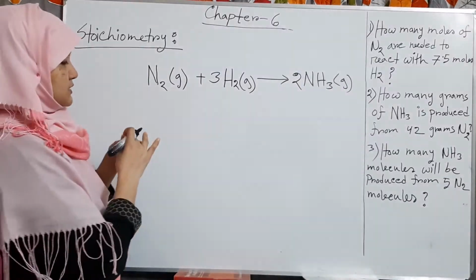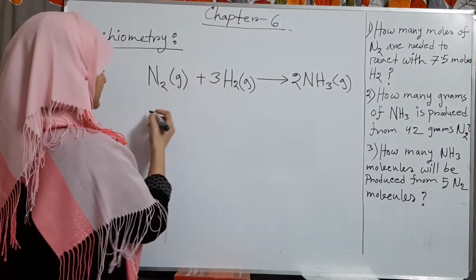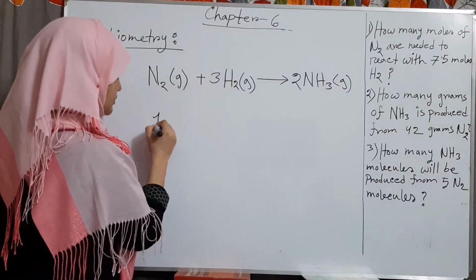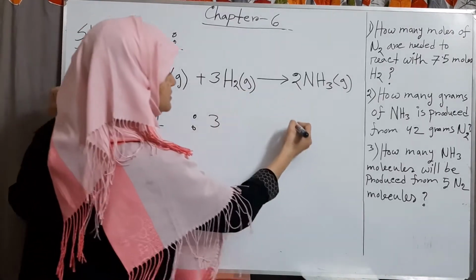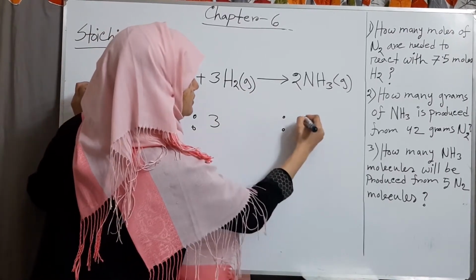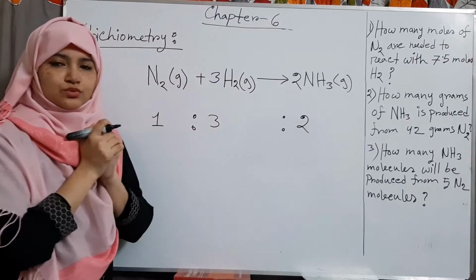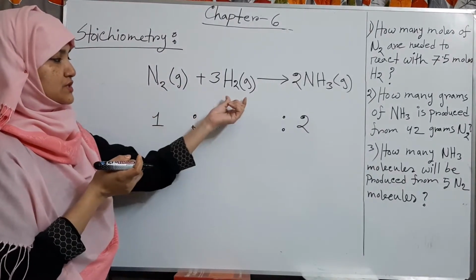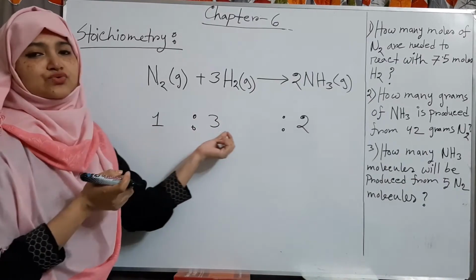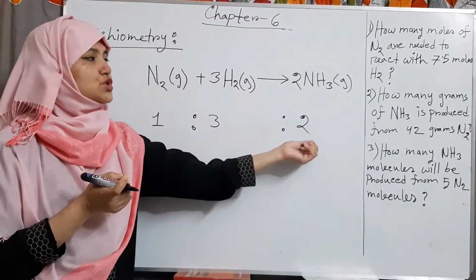We can measure the ratio from that: nitrogen 1, hydrogen 3, and the product ammonia 2. That means nitrogen and hydrogen always react in a 1:3 ratio and produce 2 ammonia.